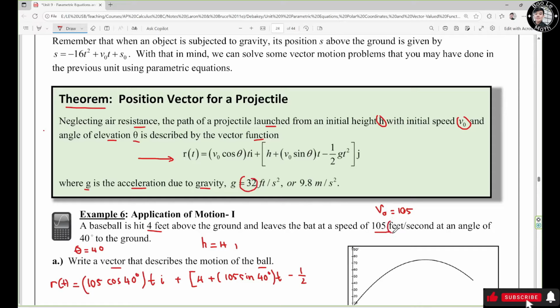Because the unit right here is feet, so you're going to use 32. 32 divided by 2 is 16, so I have 16 over here, t squared. And this one is the j component. And remember, this guy is the x component, and this guy right here is the y component, right?